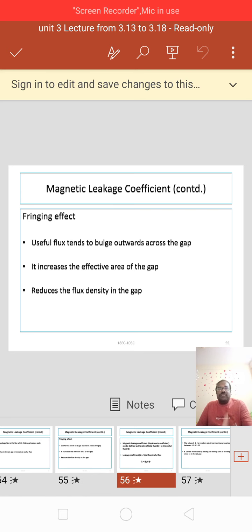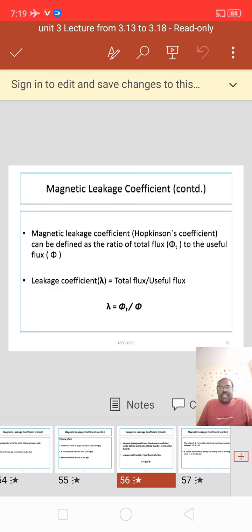Next, magnetic leakage coefficient, that is nothing but Hopkinson's coefficient, because this coefficient was developed by Hopkinson.